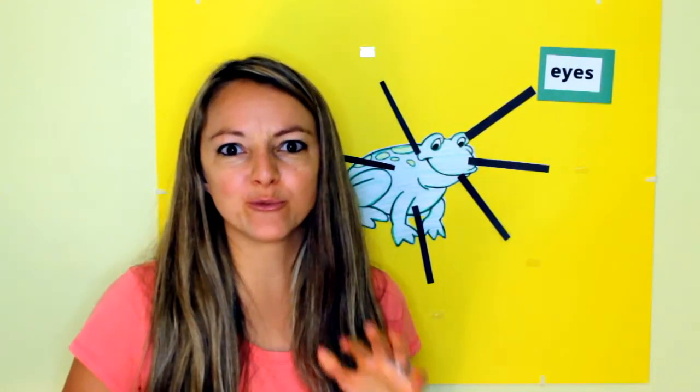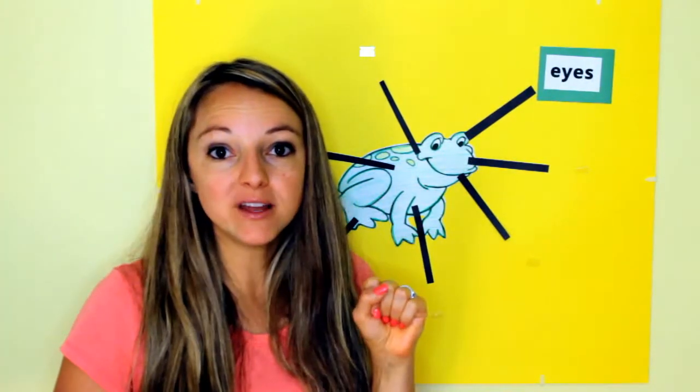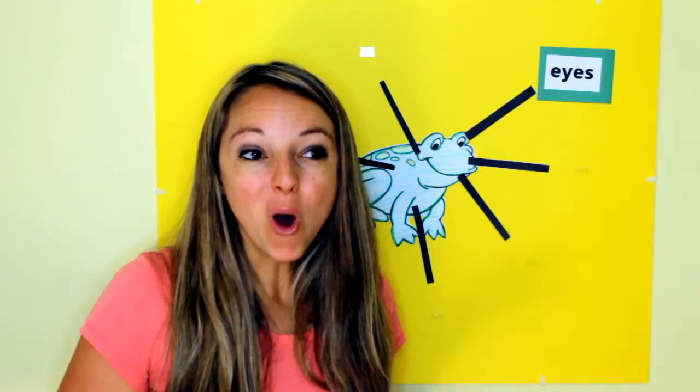The frog's eyes can do something really cool. When they catch food, the eyelids will close and the eyes will go in the back of its head and help push the food down to its belly. Whoa, isn't that so cool?